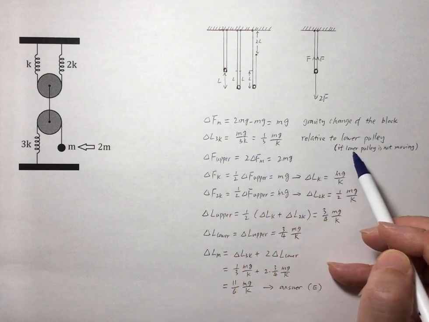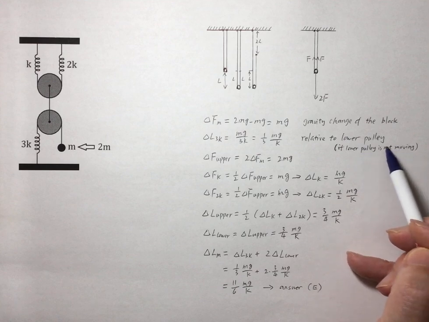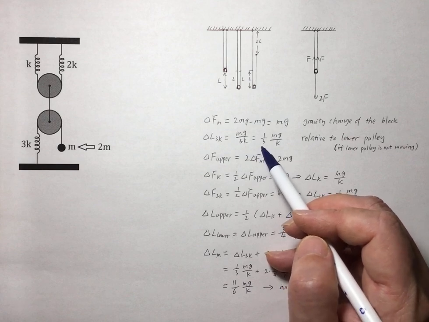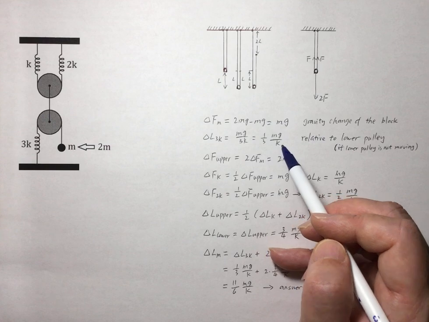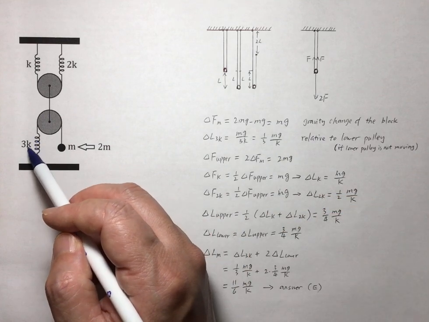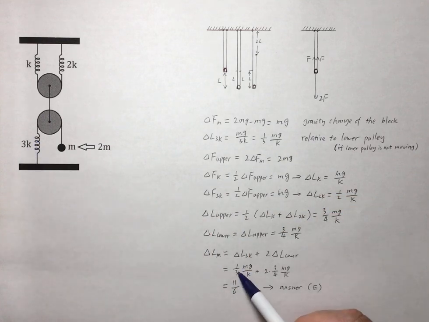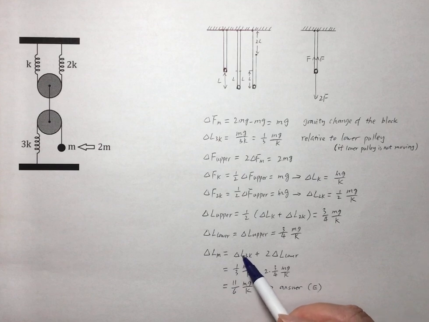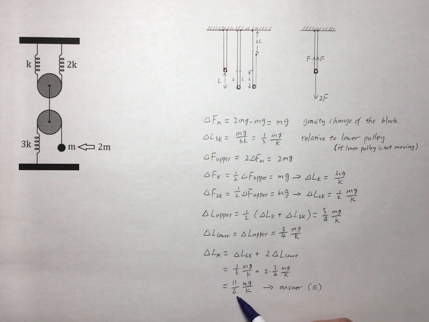Let's assume that the lower pulley is not moving, so we have another change in height due to the extension of the spring 3K, which is this term, 1/3 mg over k. So we need to add these two values together. That will give you 11/6 mg over k.